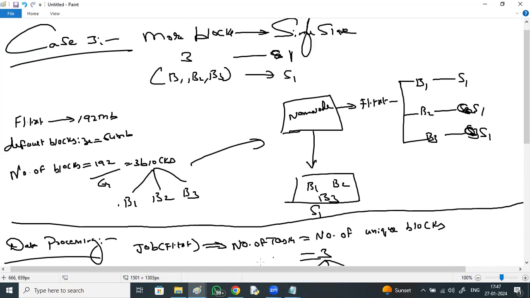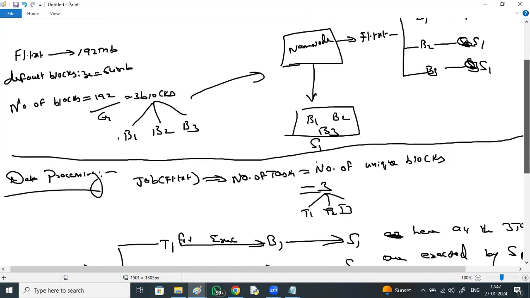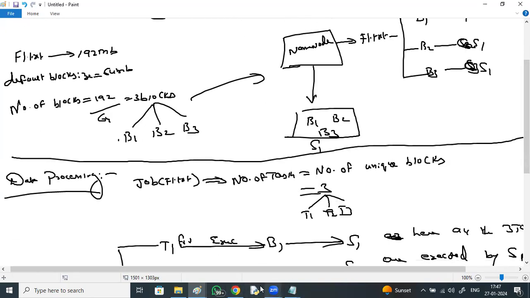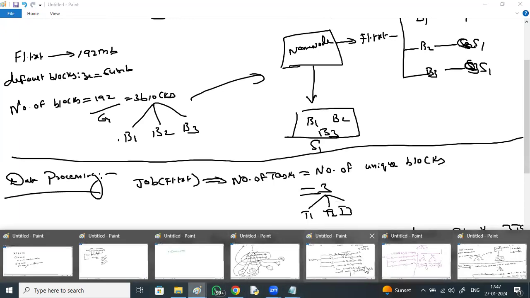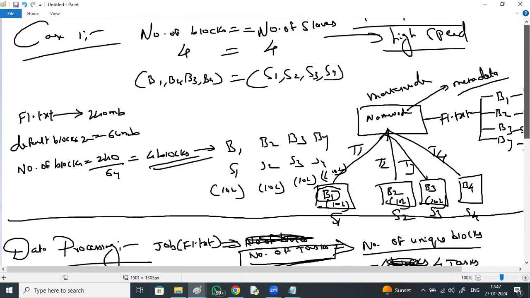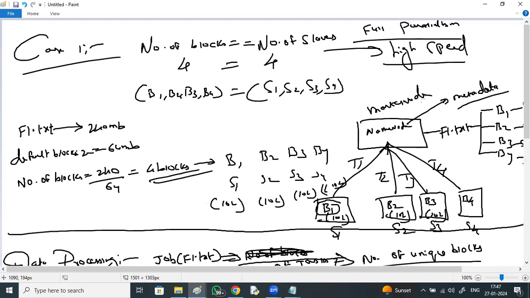Okay, if I go back to case 1: master node, name node, and tasks T1, T2, T3, T4.